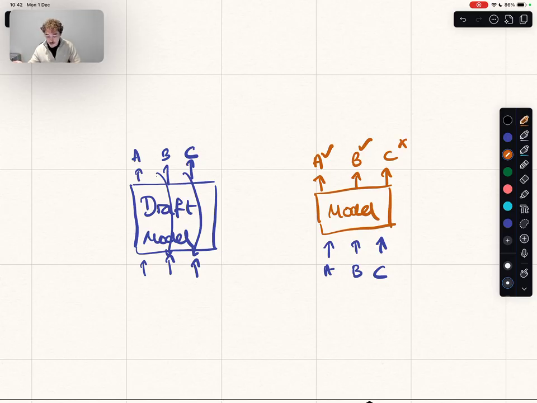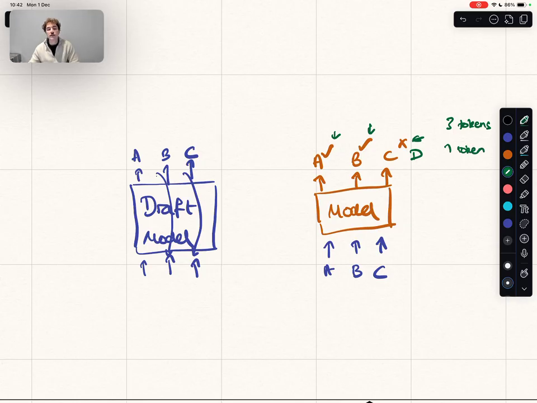So in this case, we pass in these three tokens, A, B, C. The big model verifies that it would have produced A. It verified that it would have produced B, and then it says it wouldn't have produced C and would have produced D instead. So in this single forward pass of the model in parallel, we get three tokens, whereas in normal decoding, you would get one token.